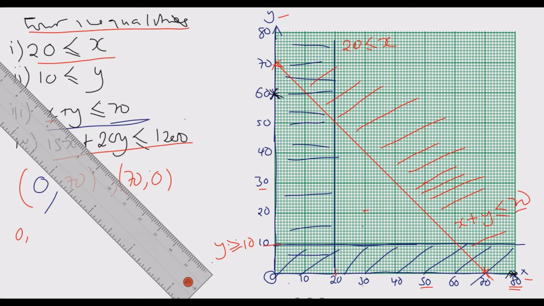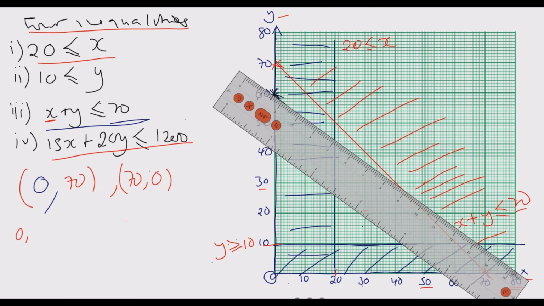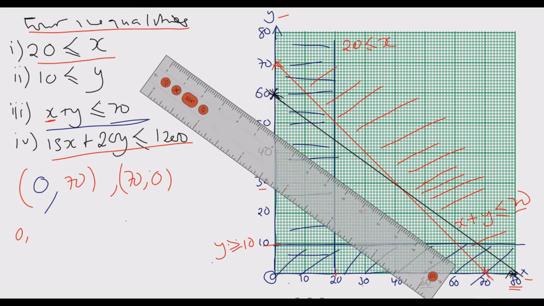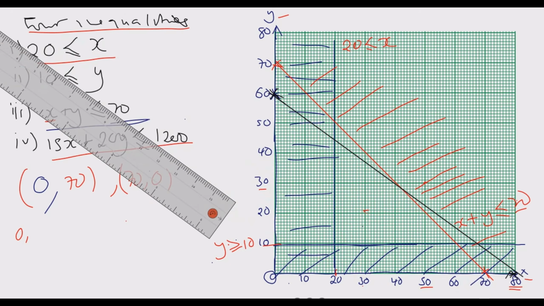So what we do is again we join these 2 points using a ruler. So let us use a ruler. Okay, so once you place it like that, then you draw a straight line that will be like that. So this straight line, what you do is there again the unwanted region is above. So this is normally the case. So there's no way to be down.